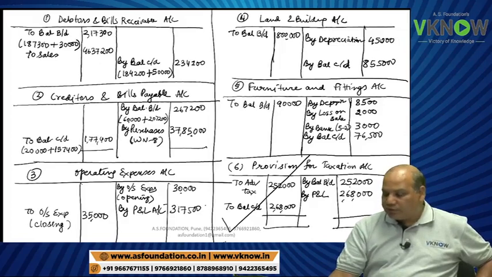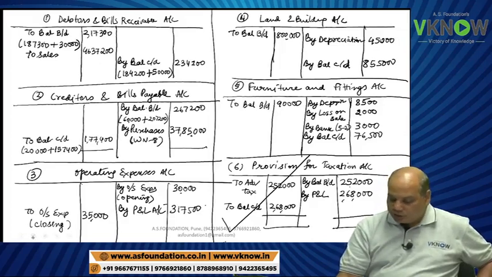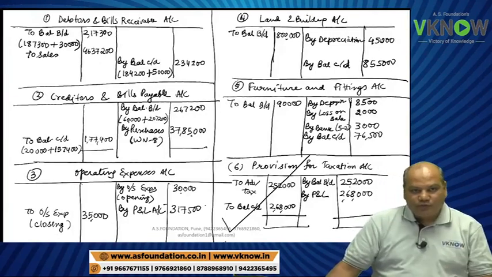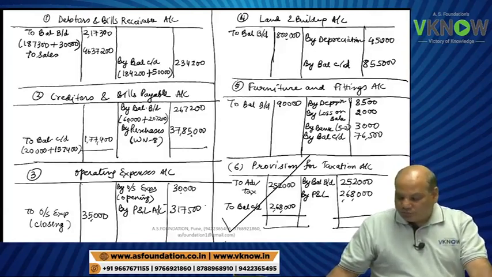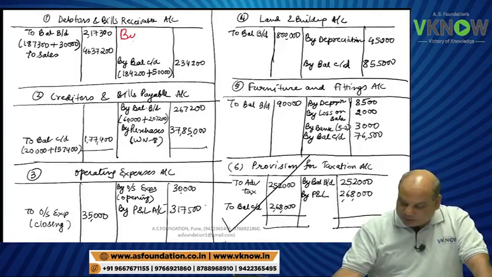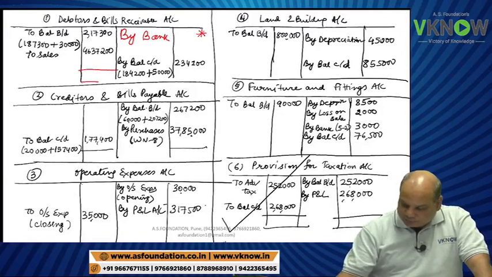So one by one we'll complete the balancing working notes and see whether it is to cash or by cash. So debtors account, by bank. Student will help me by giving me the balancing figure.